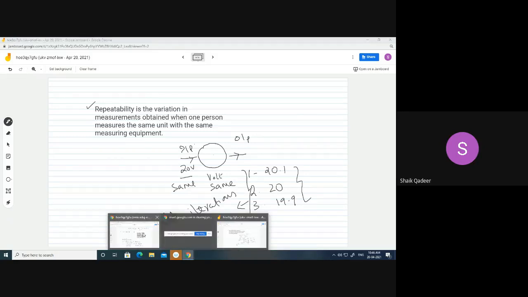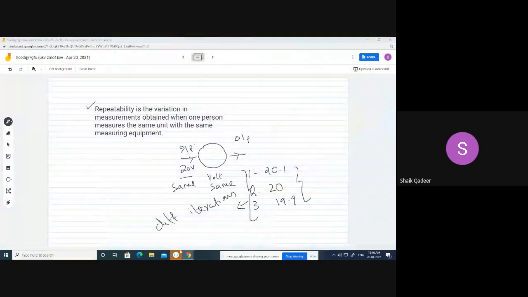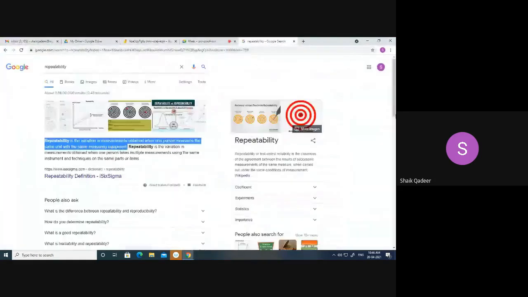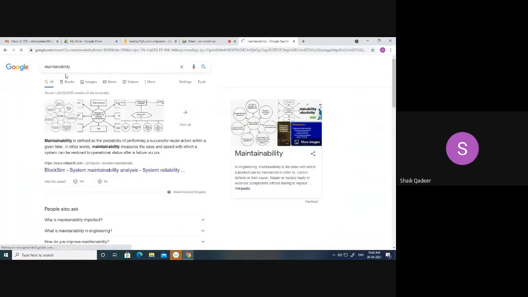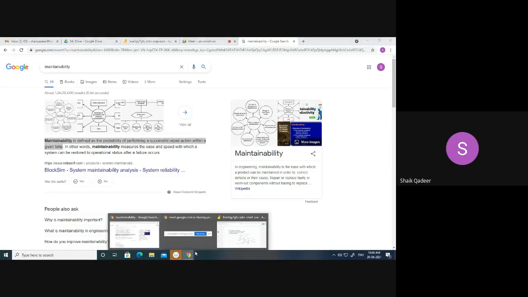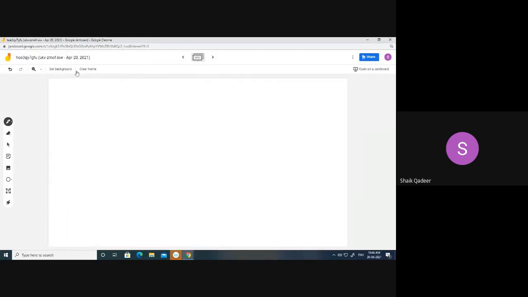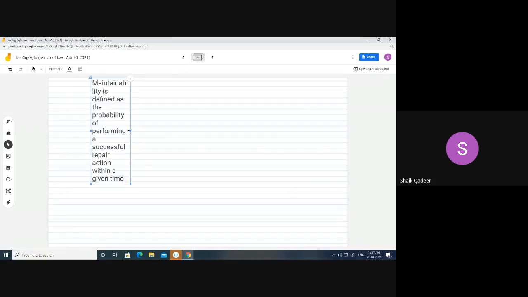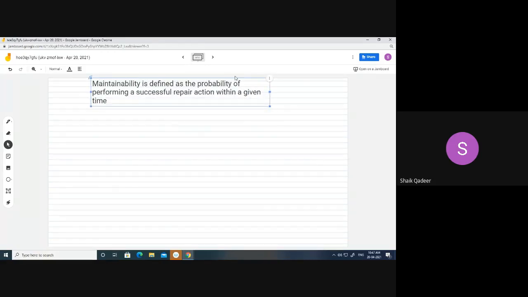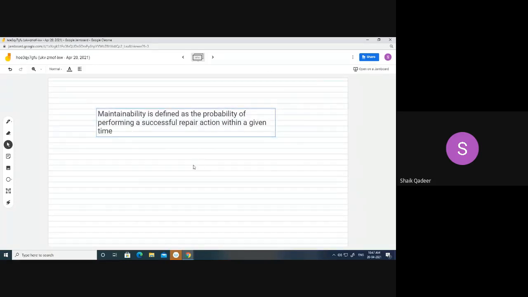Let us see the last term. Maintainability: probability of performing a successful repair action within a given time.